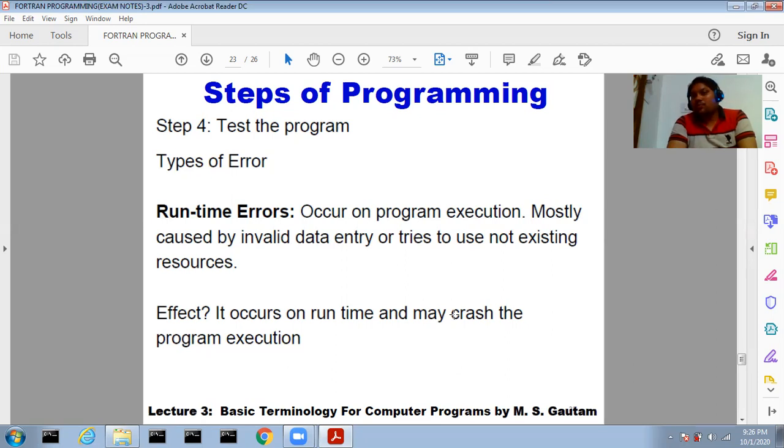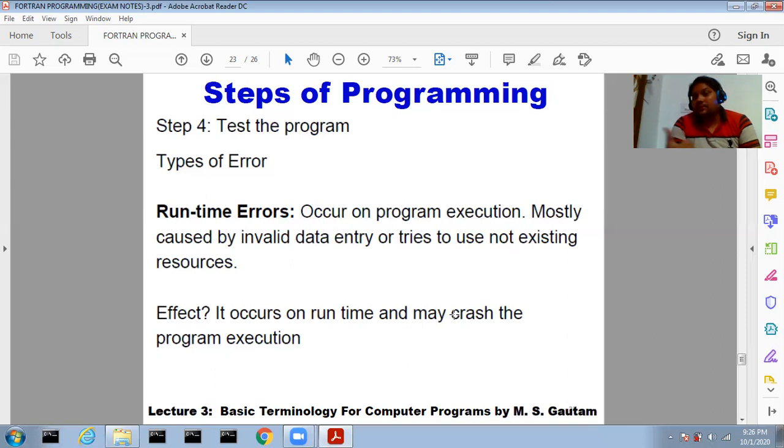This is mostly caused by invalid data entry or trying to use non-existing resources. That means, suppose we define a variable and we do not give the value of that variable, and we use that variable at different places during the program, then we can encounter such kind of error.